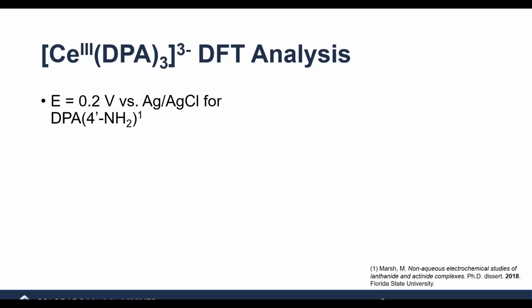For comparison, I was able to find an experimentally obtained redox potential for a cerium DPA complex that was functionalized with an amine group at the 4' position.